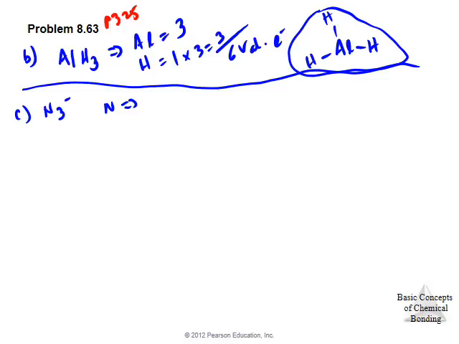It is in row 2, so count from the beginning of that row until you get to nitrogen, only s and p electrons: 1, 2, 3, 4, 5. So nitrogen has 5 valence electrons, and there are 3 of them, 15. And N3 is minus 1 because there is an additional electron. So altogether there are 16 valence electrons.